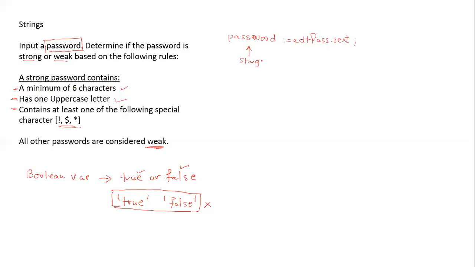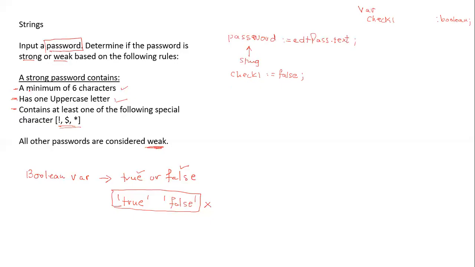So I'm going to have a couple of Boolean variables. So my first Boolean variable, I'm going to call it check1, and that is of type Boolean. And I'm going to set check1 to false. In other words, the light is off.